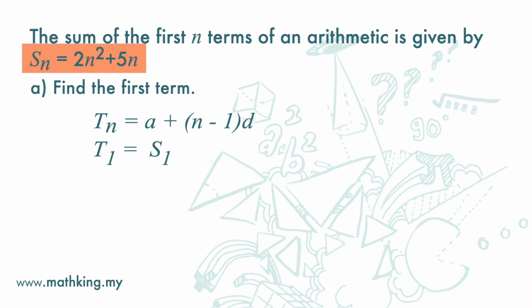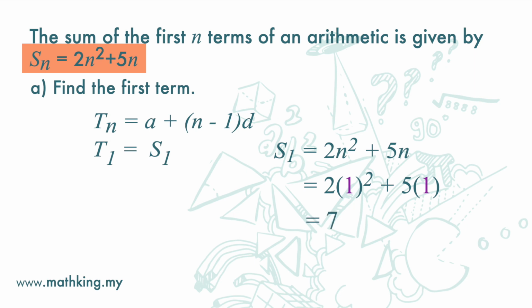Given the equation, we substitute 1 into the equation. So we get 2 times 1 squared plus 5 times 1, which is 7.